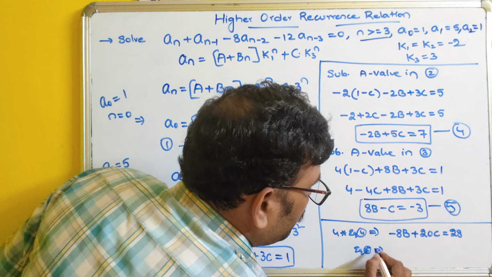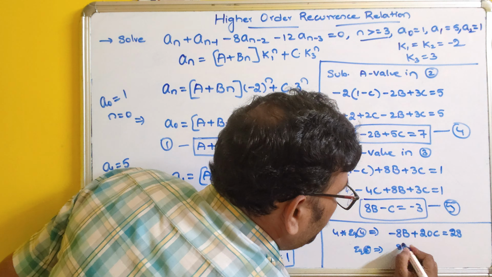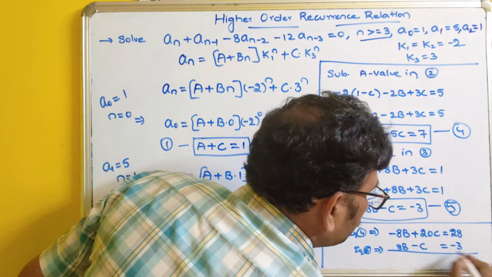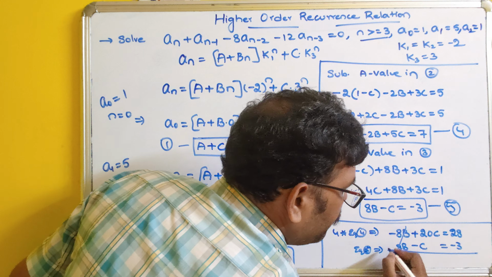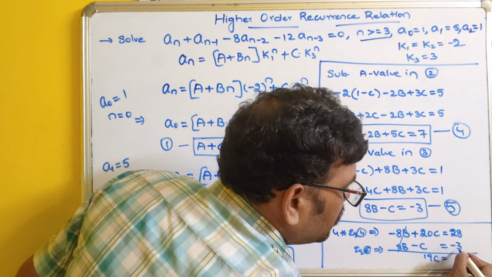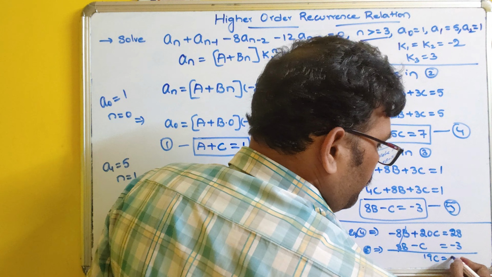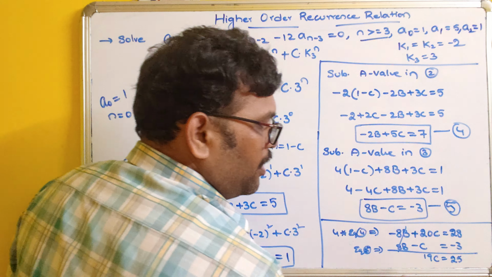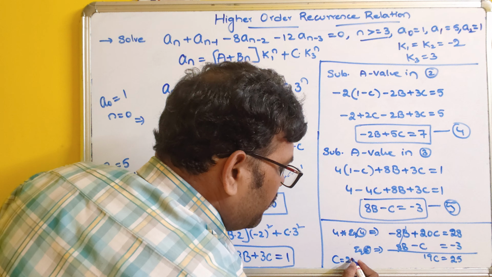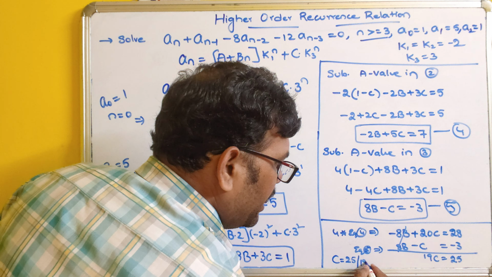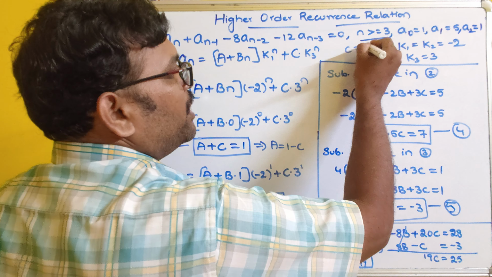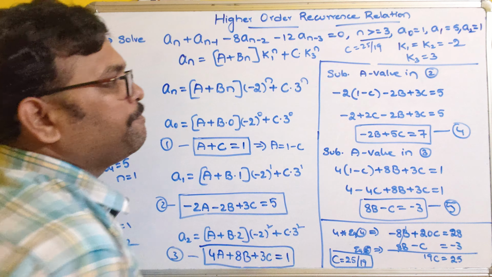What is equation 5? 8b plus 8c is equal to 0. So what happens if you add it? It becomes 16c is equal to 16. So c becomes 1. Hmm, so here c becomes 25 by 19.